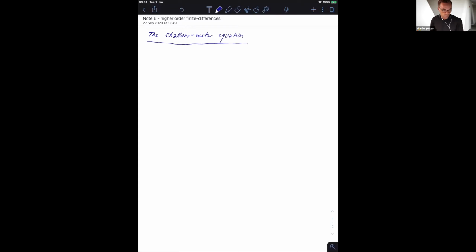So let's recall quickly these two conservation laws, for mass and linear momentum.